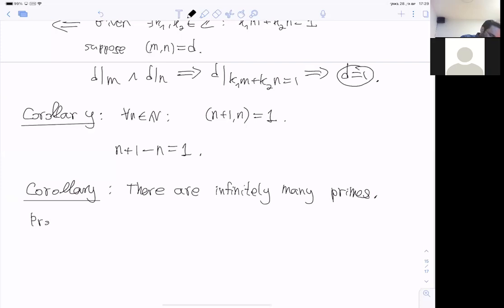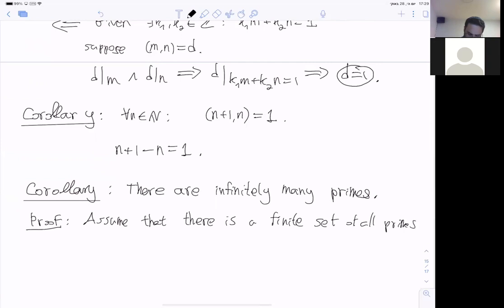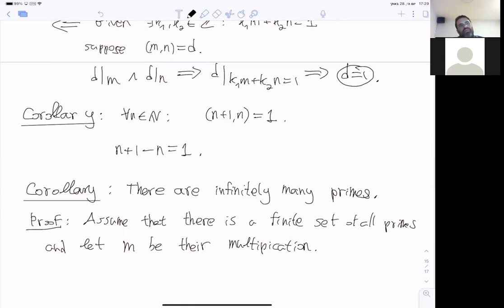Proof. There is a finite set of all primes. And let M be their multiplication. Okay, so it's a big number, but it's a finite number.